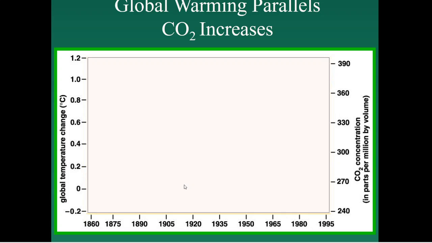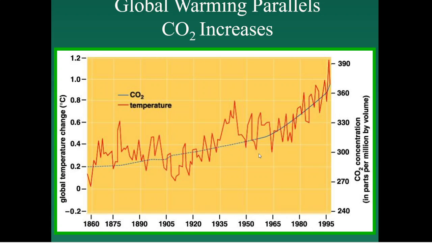So this is a graph of what we see happening as the CO2 increases in our atmosphere, okay? This blue dotted line is our CO2 in our atmosphere going up and up. And what we see here is the temperature. So you can see it goes high, low.